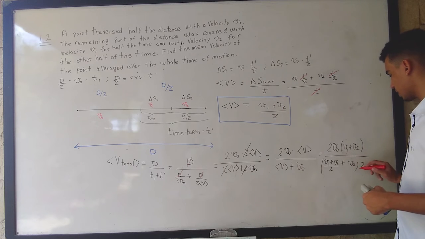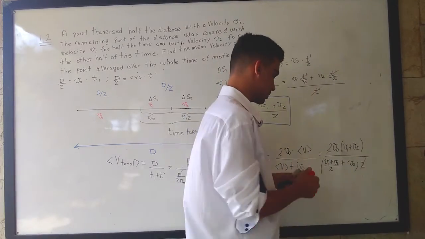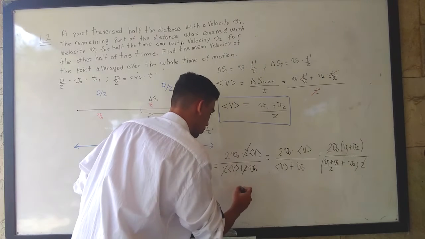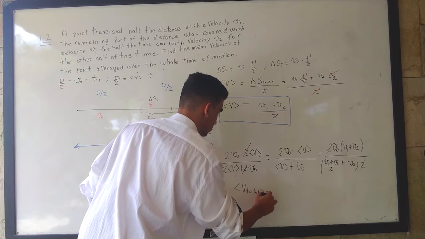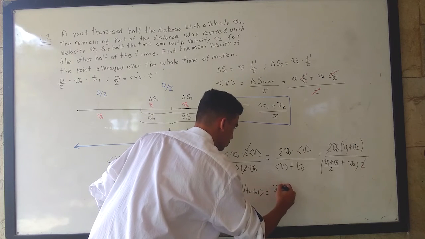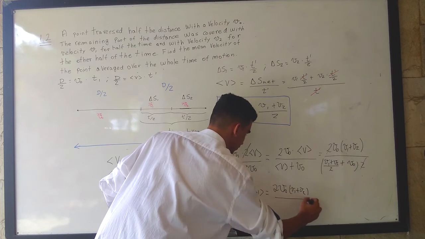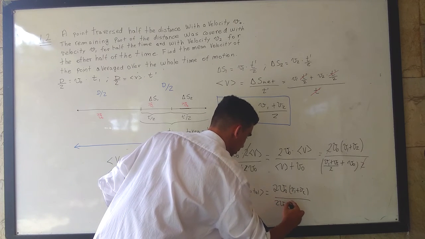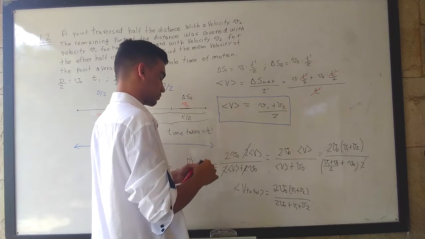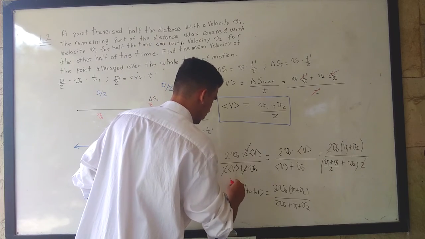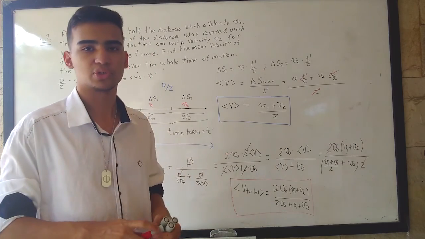These two cancel out, and making that simple, we can say that the total average velocity will be equal to 2v0 (v1 plus v2) divided by (2 v0 plus v1 plus v2). So that is the total mean velocity of the whole motion.